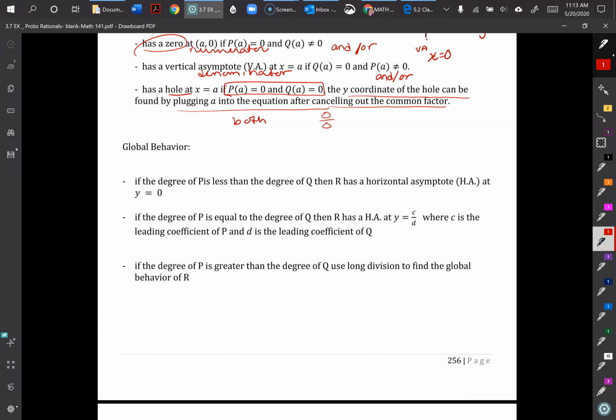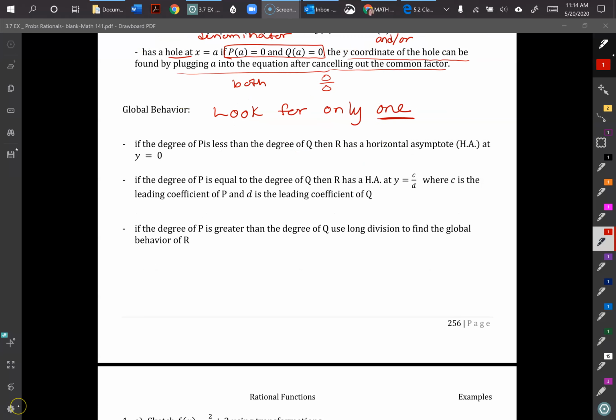So for global behavior, we're going to just look for one. Sometimes people want to have more than that, but there'll just be one global behavior. One thing to look for: if the degree of P is less than the degree of Q, then R has a horizontal asymptote at y equals 0.